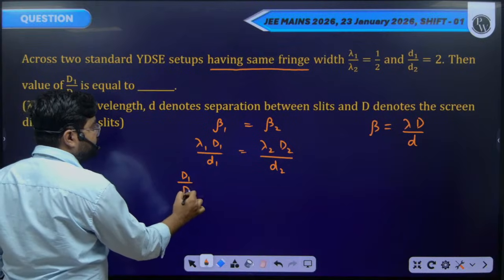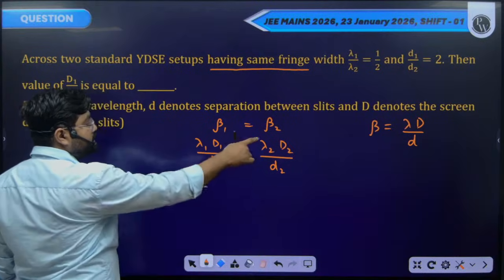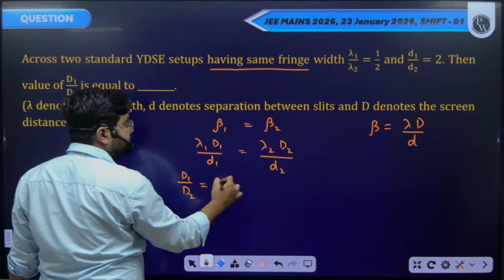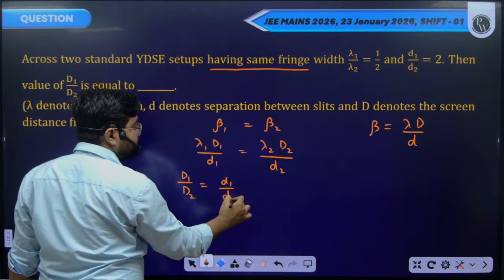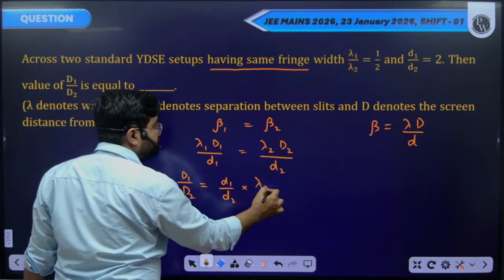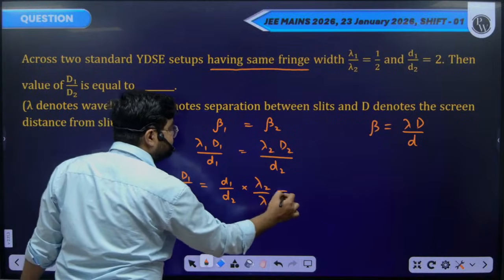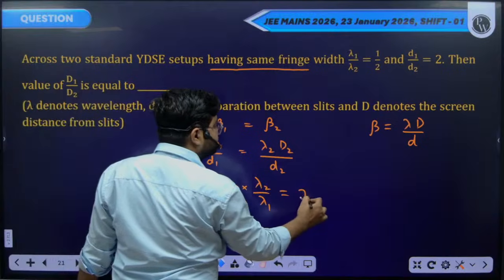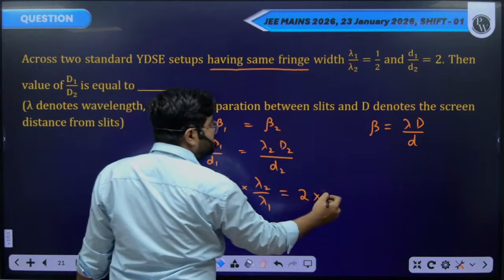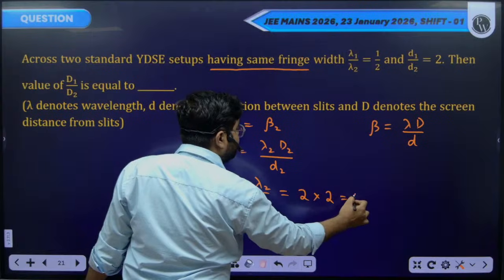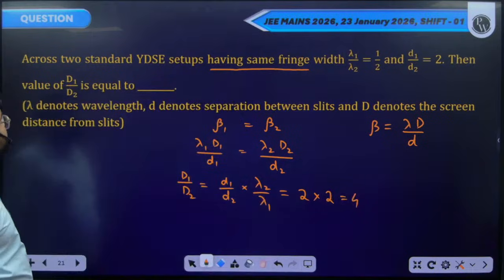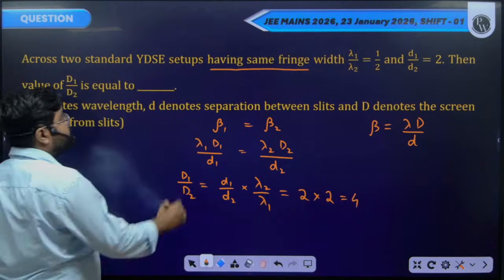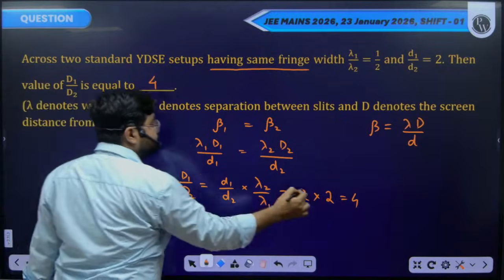So D1 by D2 is small d1 by small d2 into lambda 2 by lambda 1. Small d1 by small d2 is given as 2. Lambda 2 by lambda 1 will also be 2. So this should come out as 4. So I think the answer is 4.